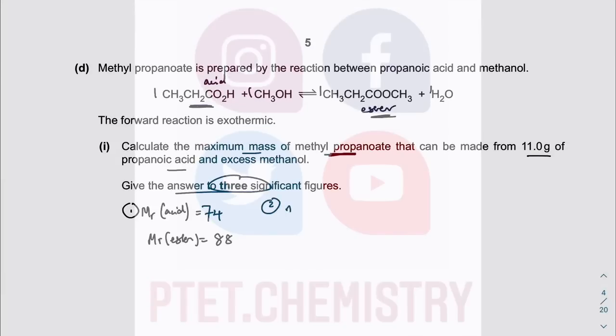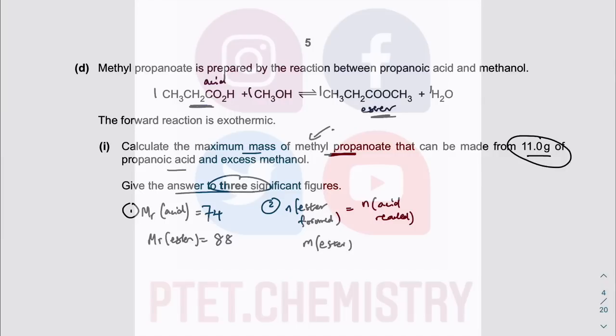So you know that the mole of the ester formed is equal to the mole of the acid reacted. How do we know that? Because the ratio is 1 mole of the acid reacted to form 1 mole of the product, the ester, based on the balanced equation. So the ester and the acid are both given as masses. I need the mass of the ester.